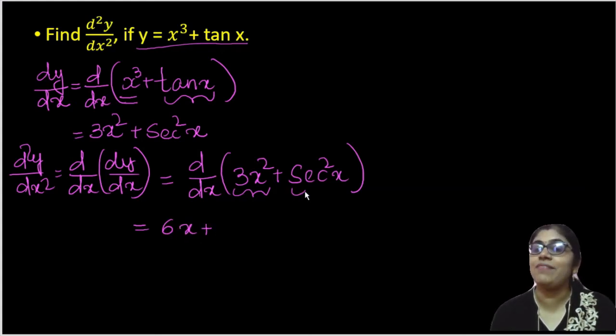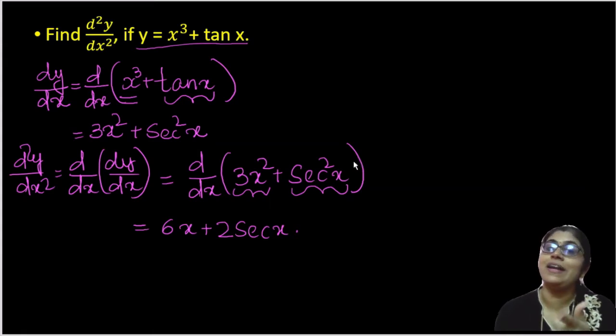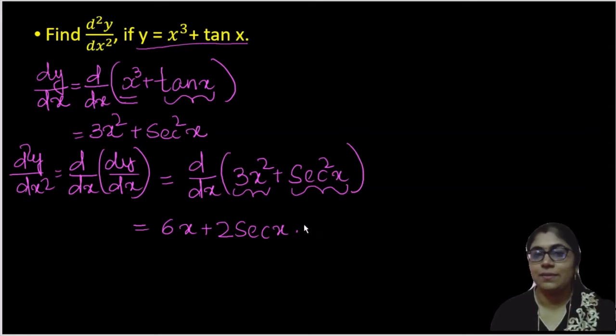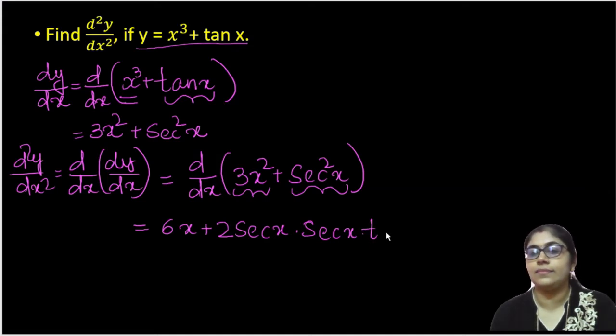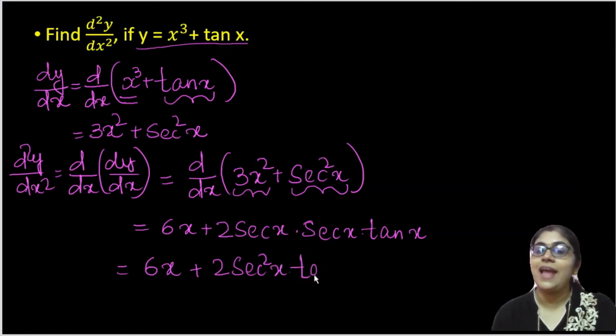And what is the derivative of sec square x? First it is 2 sec x, then sec x into tan x for the derivative of sec x, because we have to use the chain rule here. So this is equal to 6x plus 2 sec square x into tan x.